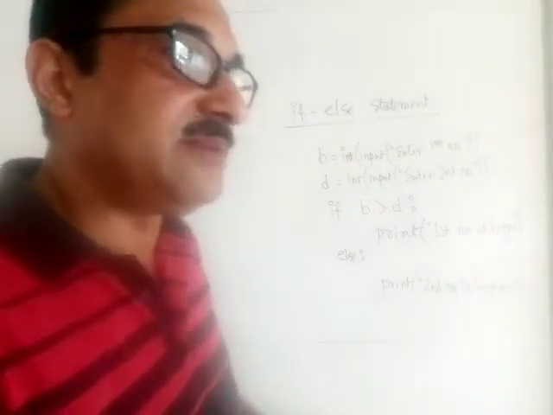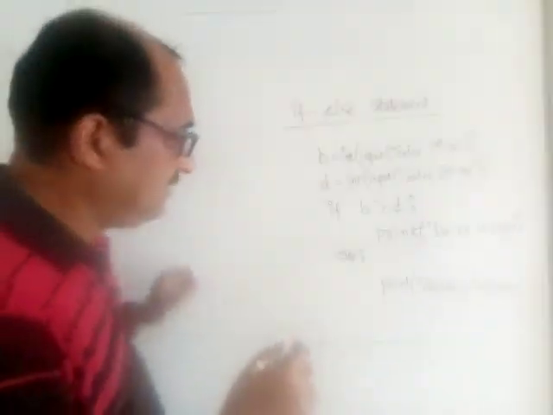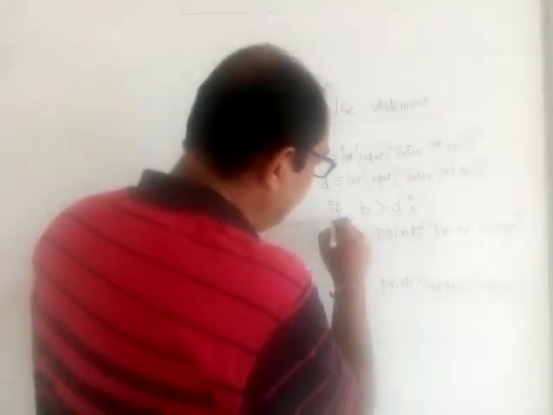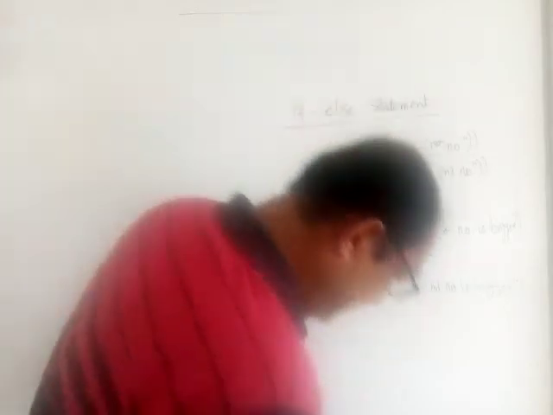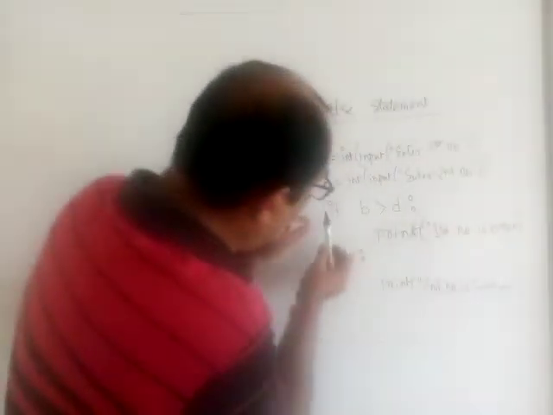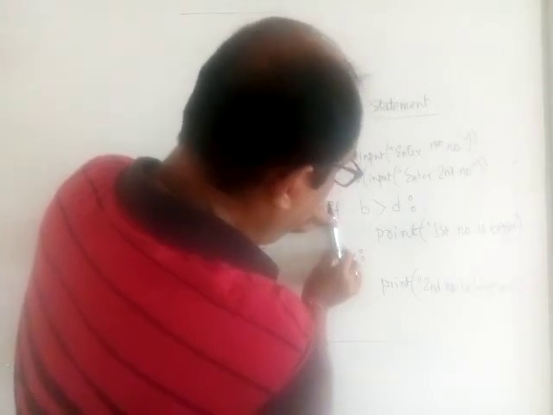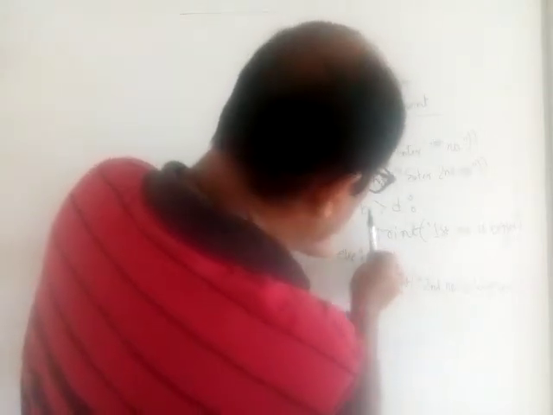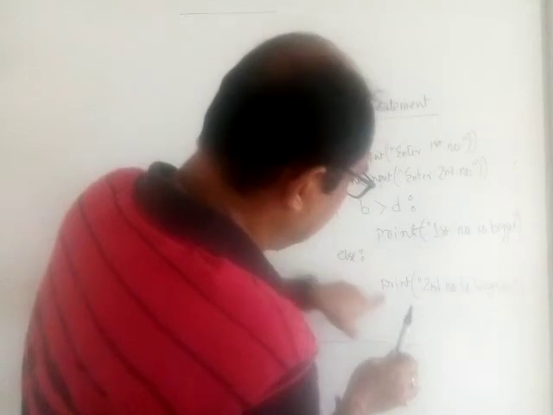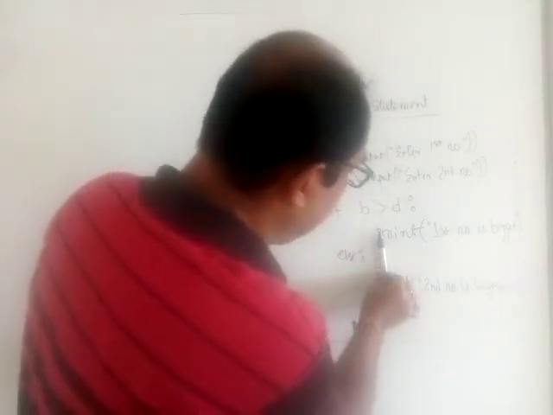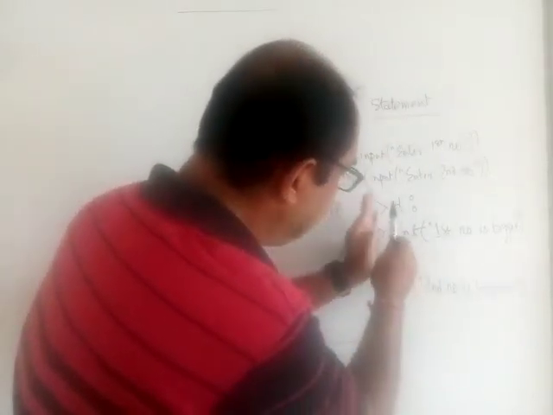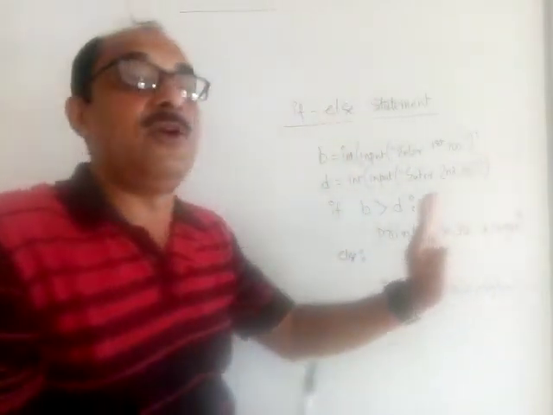When we use this statement, there is one rule you have to remember. Pay attention to this very carefully. If and else, these two words are always to be written in the same column. Now the statement under if and the statement under else, they are also to be written in the same column, that means they start from the same column.